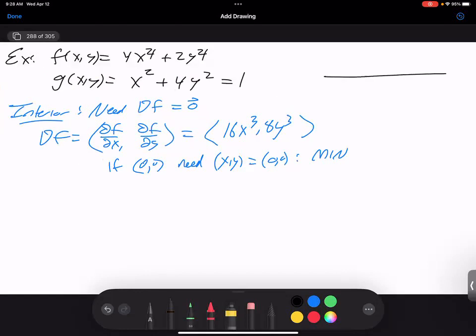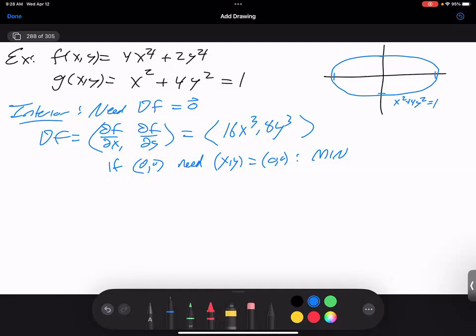So when you look at this, when x equals 0, what does y equal? 1/2. And when y equals 0, x equals 1. So it's going to look something like this. So this will be x squared plus 4y squared equals 1.